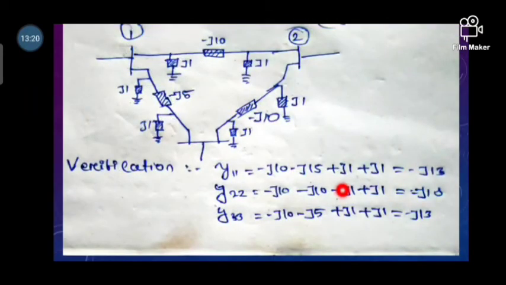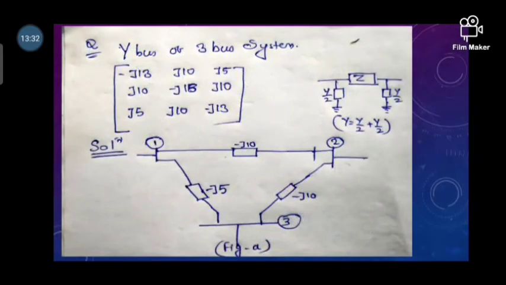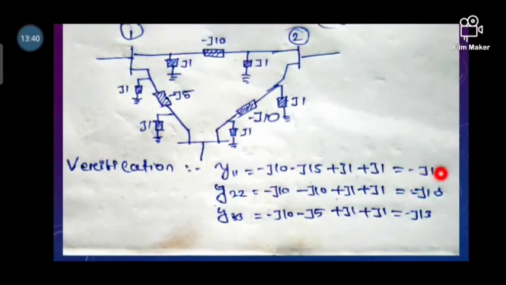So you will get minus j13 for y11, y22 minus j18, y33 minus j13. So all these things are correct. So our calculation is perfectly correct.